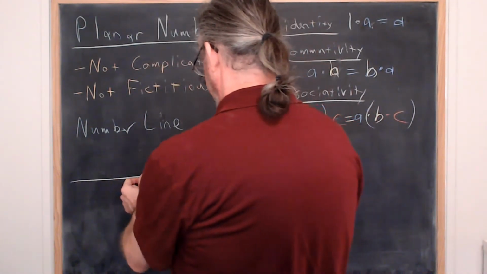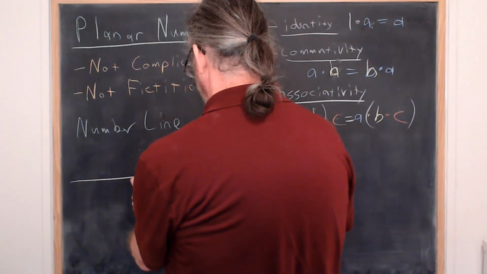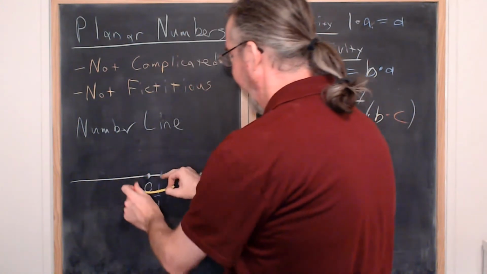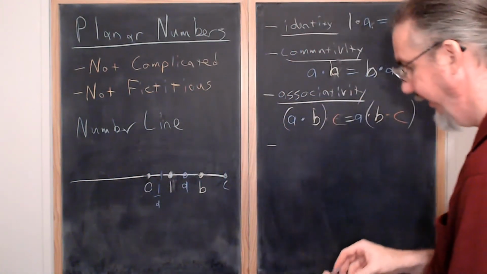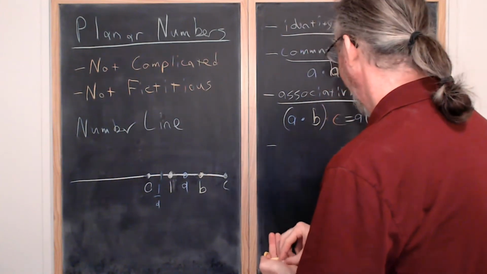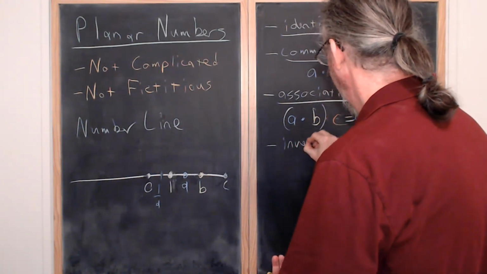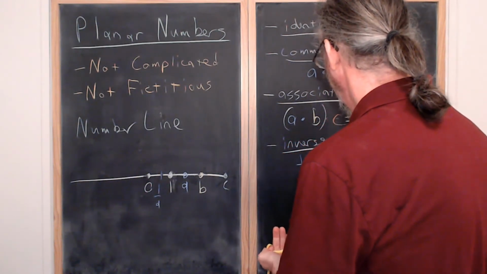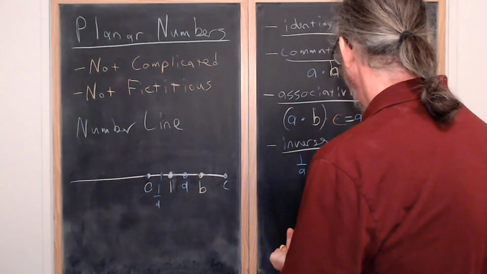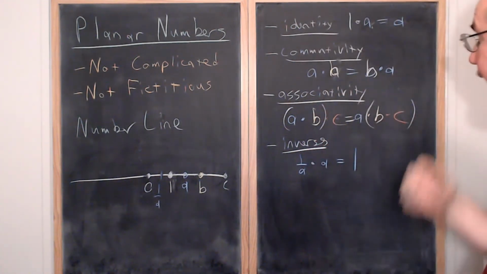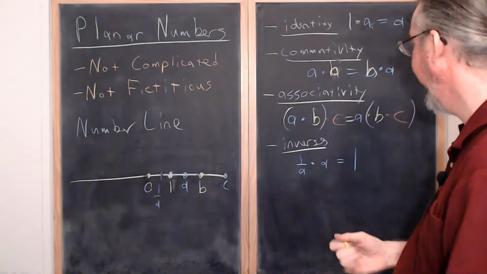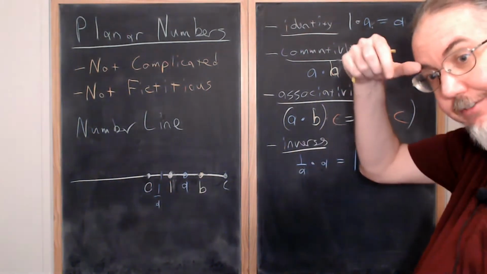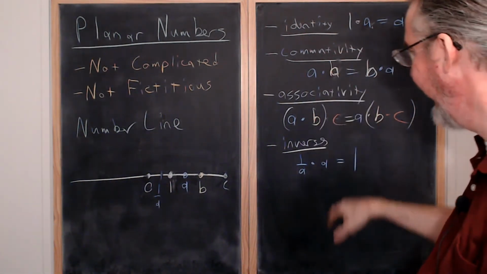I could stretch it to A, mark where the 1 is, and then bring the 1 back, and that gives me the point that goes to 1 over A. So then we do have inverses, and that is 1 over A times A equals 1. One thing is that this does not happen for 0. So we don't have an inverse for 0, but for every other number we do.